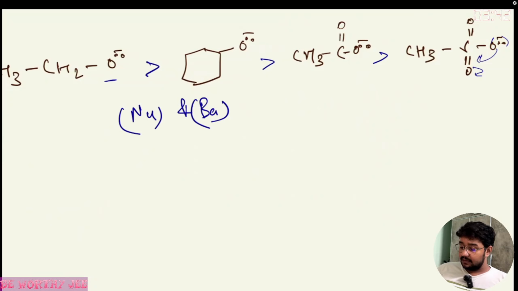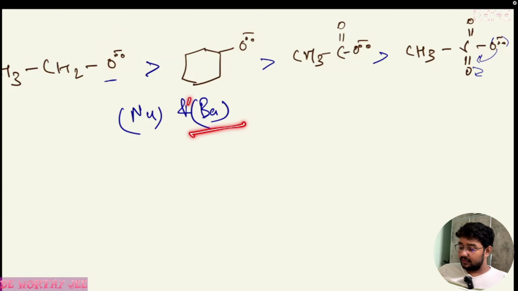Why so? Because the electron has high charge density, and this is not delocalized, this is not delocalized, this is delocalized, this is delocalized. So here the hindrance is more, and here it is delocalized.